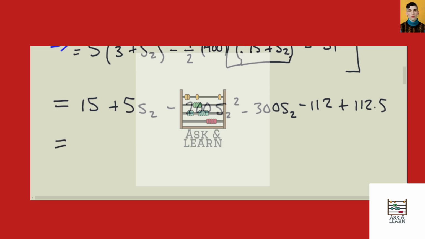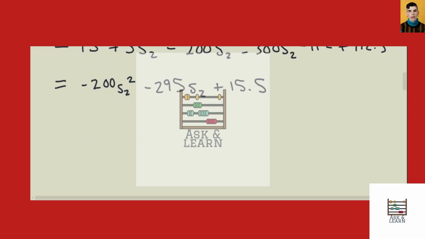So combining terms, we have minus 200 S2 squared minus 295 S2 plus 15.5.